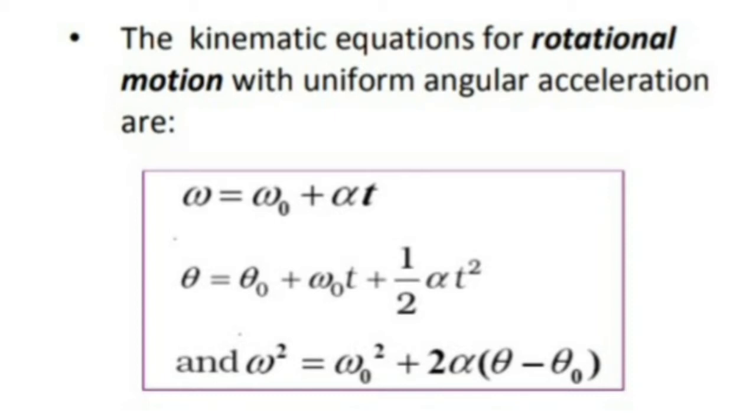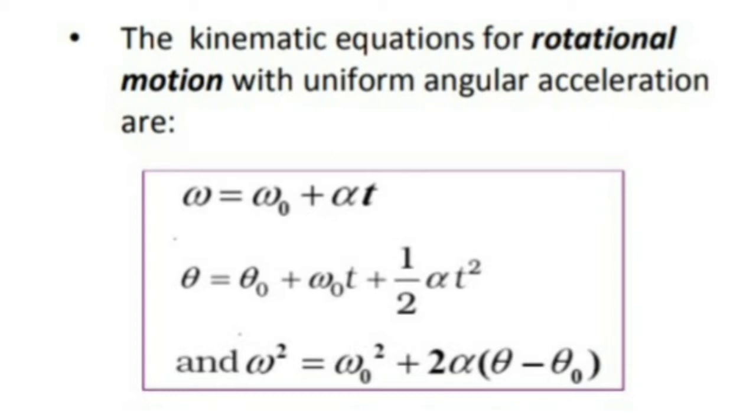The second equation can be written as theta minus theta 0 equal to omega 0 t plus half alpha t squared, where theta is the angular position at time t and theta 0 is the initial angular position. So in short, theta minus theta 0 gives the angular displacement.